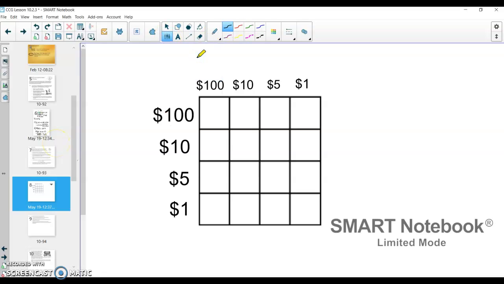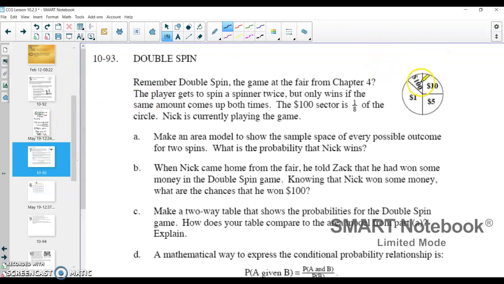If you get 100, you have a 1/8 chance on both spins. If I look at this, if 100 is 1/8, then the 1 must be 3/8, because 3/8 plus 1/8 gives you 4/8, which is half the circle.